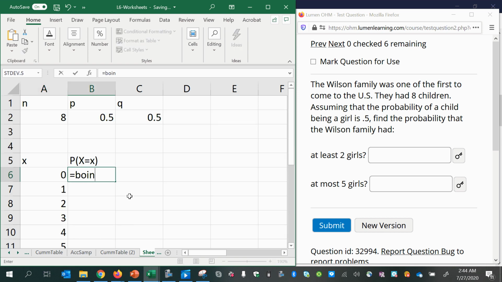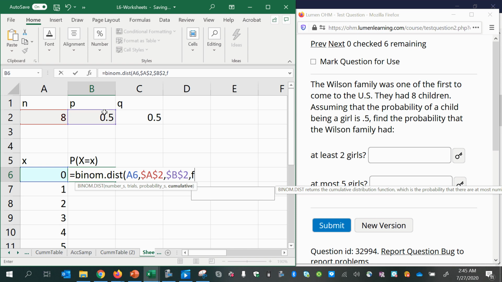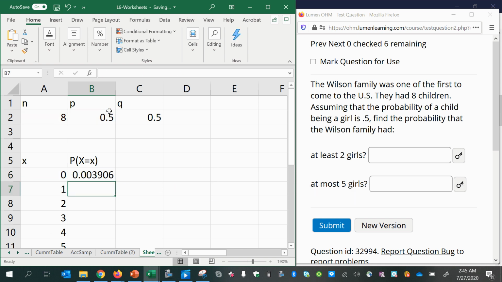And the binomial distribution will use the number of successes, comma, the trial, absolute reference, and the probability of success, absolute reference, and false for cumulative. We just want the exact probabilities first.